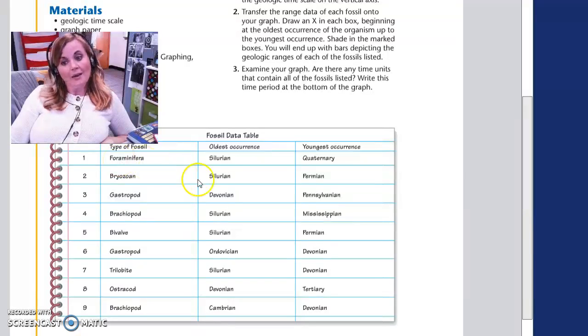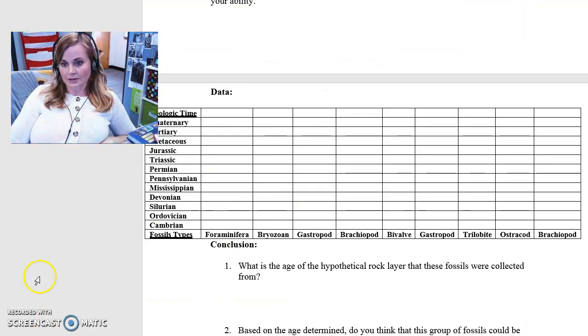If you notice, foraminifera first appears in the Silurian, and the most recent occurrence is the Quaternary. So really what that's telling us is that there are still foraminifera today, okay? Because Quaternary is the period that we are in. So Silurian is the oldest occurrence, and Quaternary is youngest occurrence.